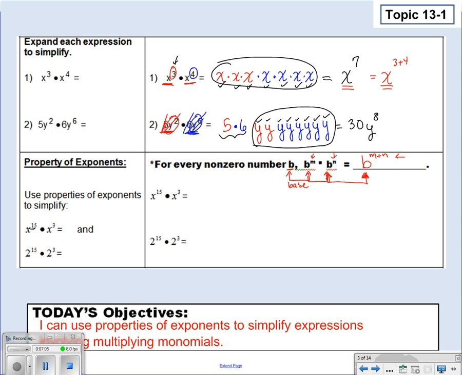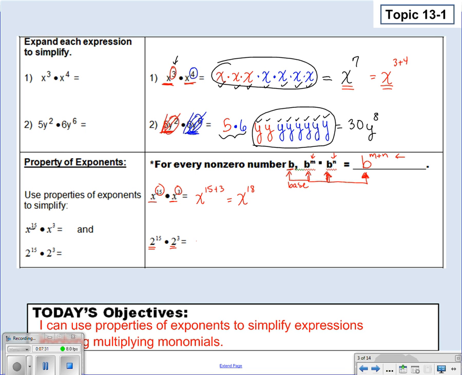So let's look at our first one. We have x to the 15th power times x to the 3rd power. So we start off with x's. That means our base is still x, but now we're going to take these exponents and add them together. 15 plus 3, and this will give us x raised to the 18th power. Our second example, we're doing the exact same thing. Notice I have 2 raised to the 15th power and 2 raised to the 3rd power.